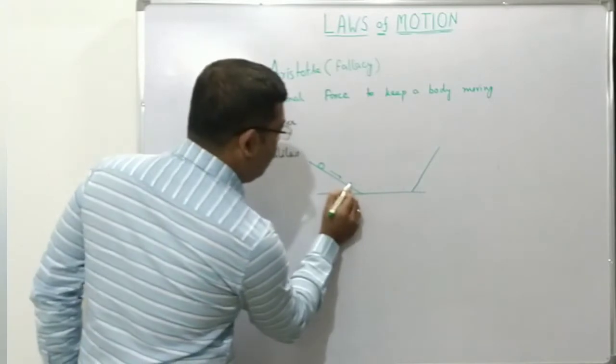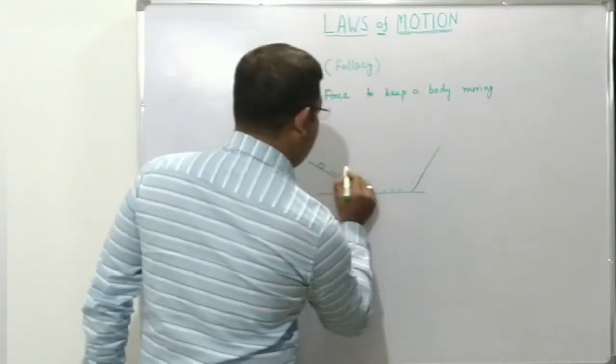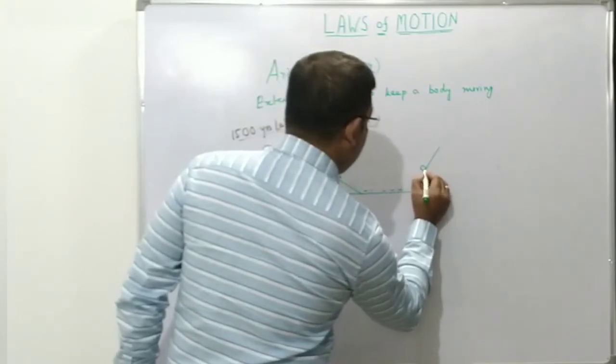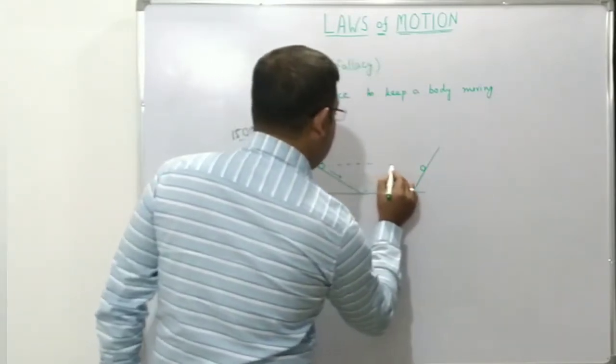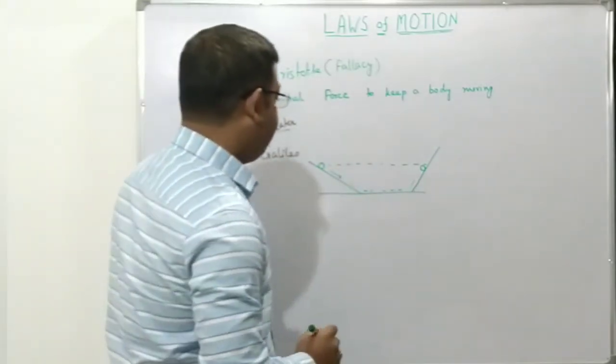So the object moves down this, goes along this path, and then moves up. What he found is that the object will move approximately to the same height as it started. Almost the same height as it started.